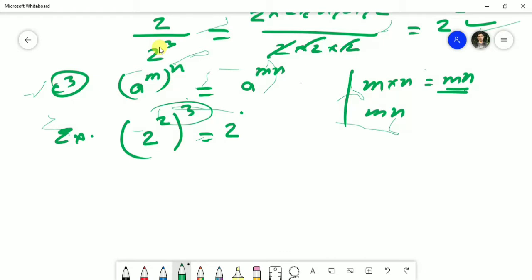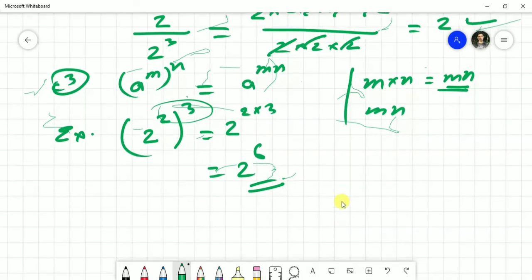Okay, 2 into 3 means 2 times 3 is 6. It means your answer is 2 power 6. I hope this was easy for you. These extra lines are coming, I don't know why. I hope you can easily understand this law and apply it wherever you want.